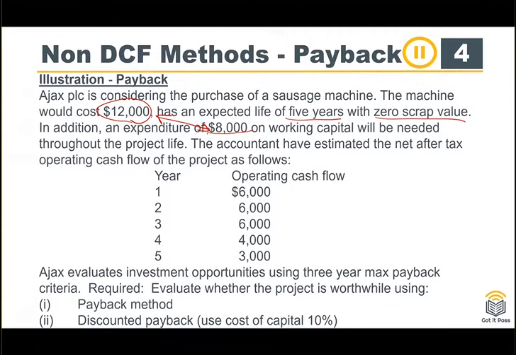The accountant has estimated the net after-tax operating cash flow of the project: first year 6,000, second year 6,000, third year 6,000, fourth year 4,000, fifth year 3,000.